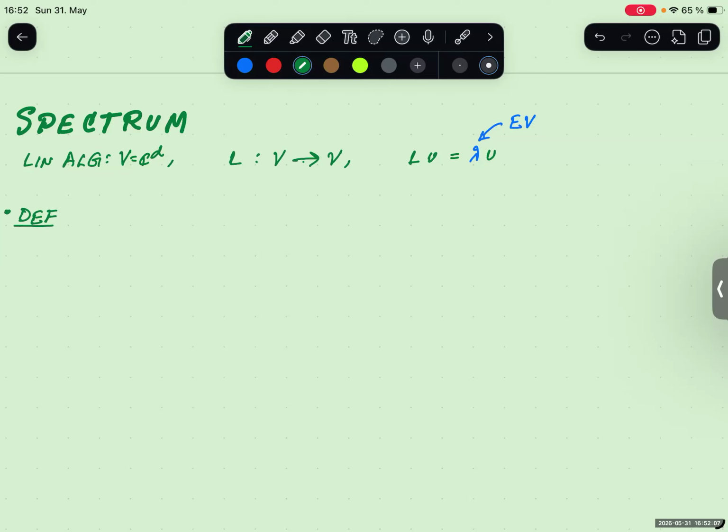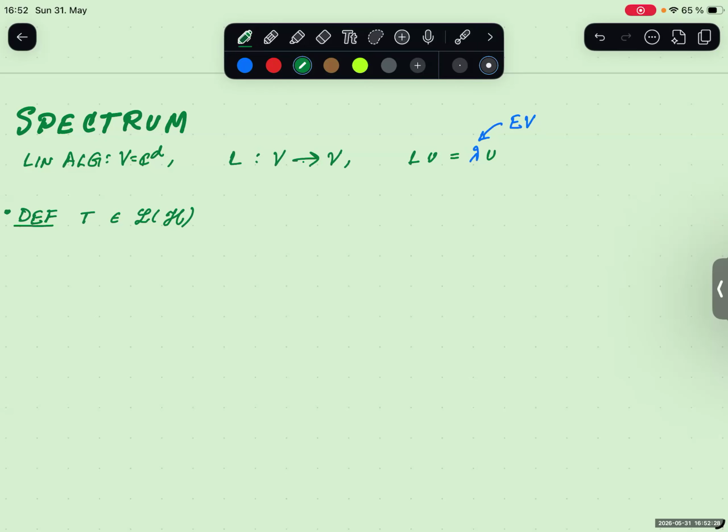Definition. So, as usual, T is a linear operator on Hilbert space. That's our setup. However, what we are going to do is actually applicable for any closed linear operator.